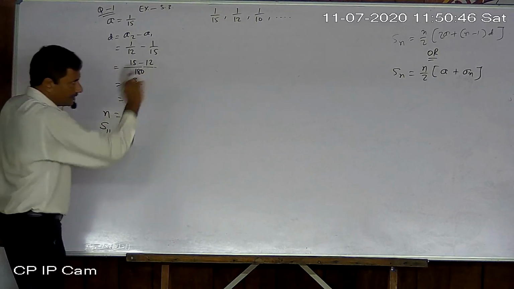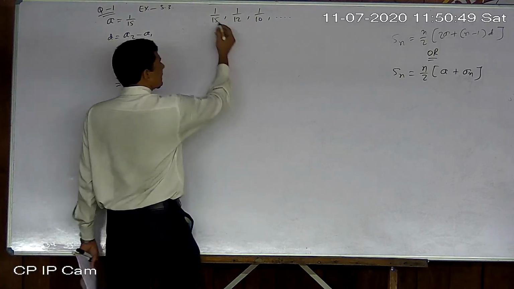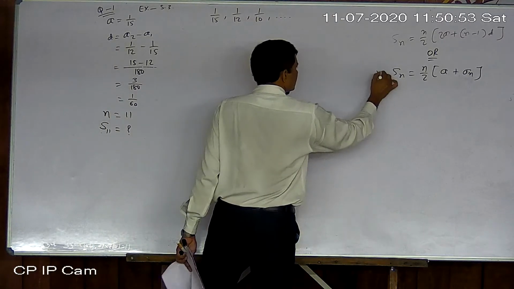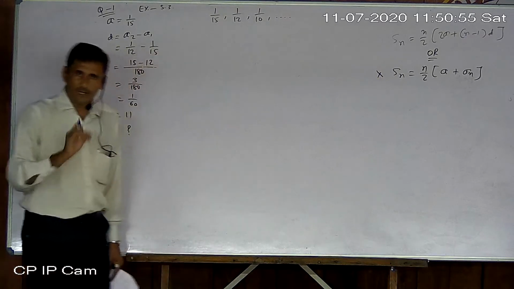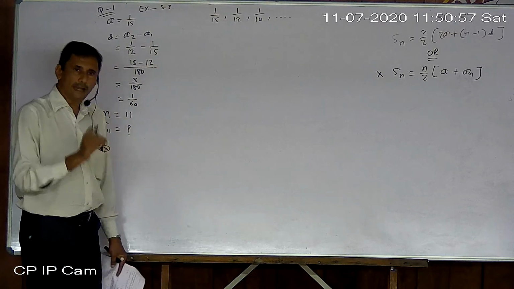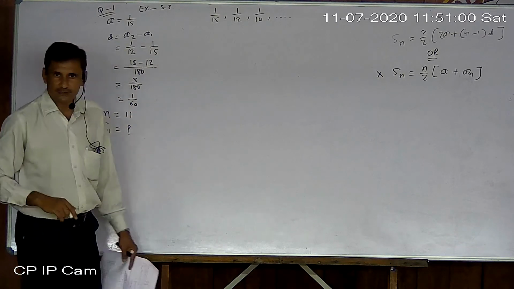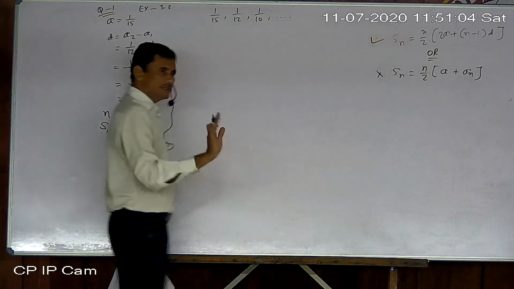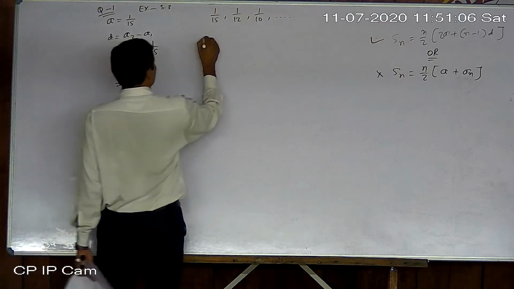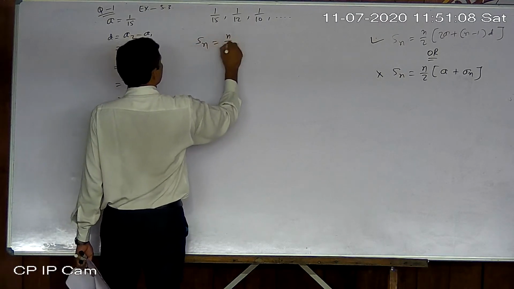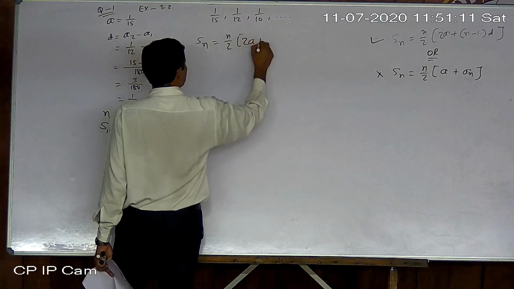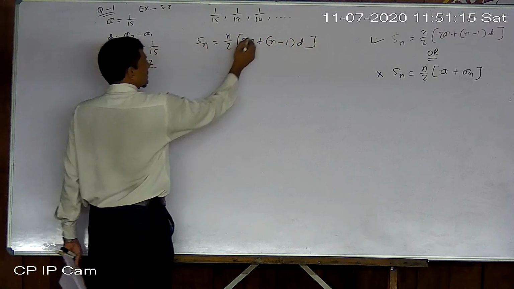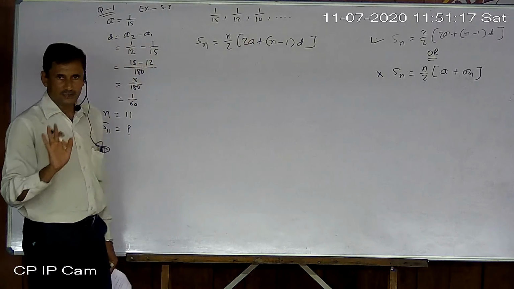Now write down the first formula. Why the first one? Because I don't know the value of the 11th term, so I cannot use the other one now. If I have the last term, at that time I can use both. This one is applicable every time whenever d is given. So now Sn equal to n by 2, 2a plus n minus 1 d. Don't cancel 2 and 2. That way cancellation is not possible.